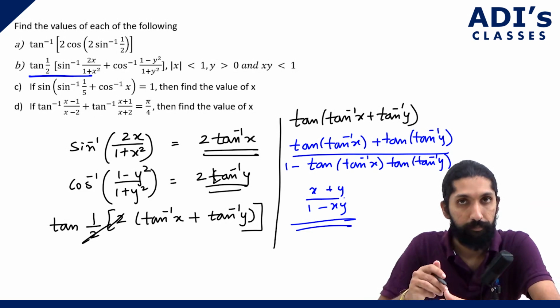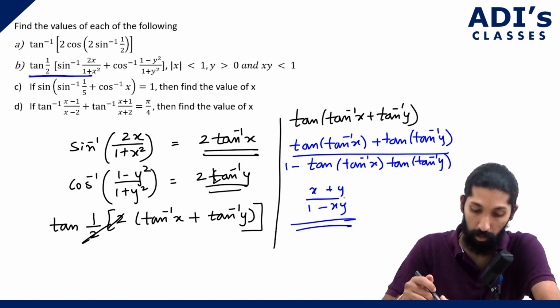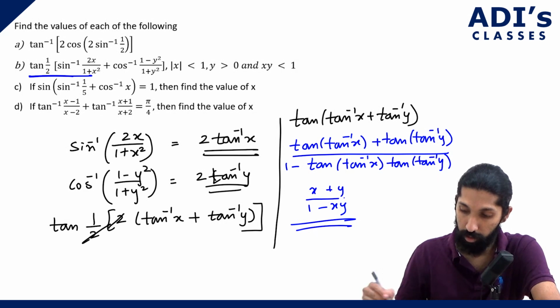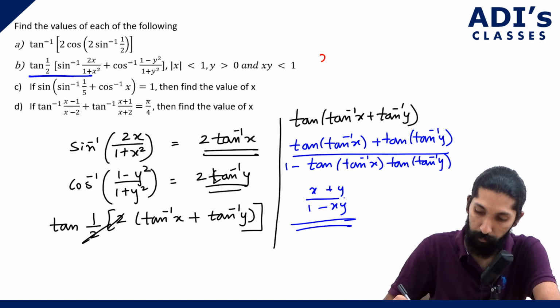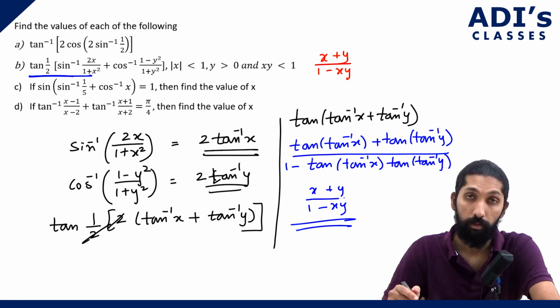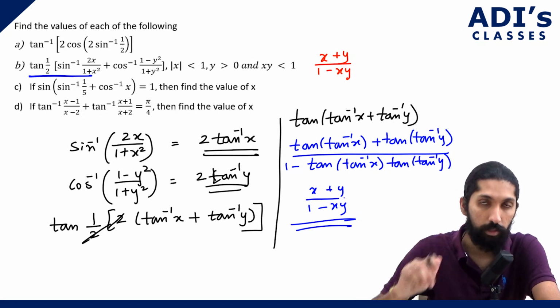The answer is the same, correct? So the answer for the second question is x plus y by 1 minus xy. Fair enough? Let's do the third one now.